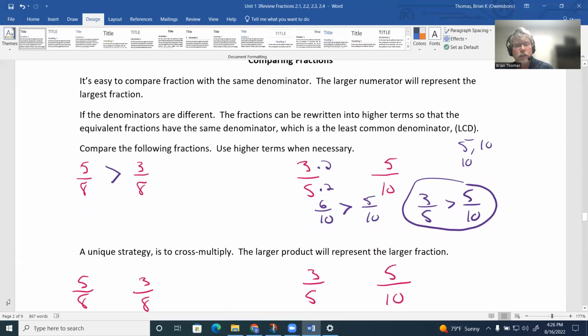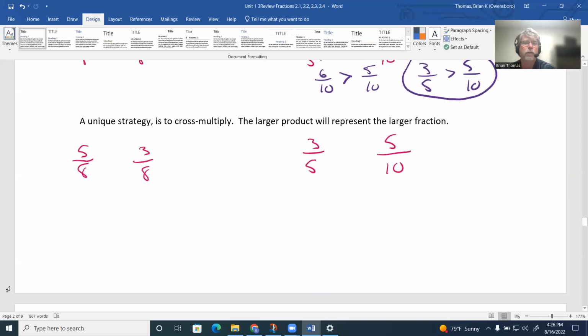There's a unique strategy that you're allowed to use, and that is what we call cross multiplying. If you multiply the denominator by the numerator diagonally, we call that cross multiplying. So 8 times 5 would be 40, and 8 times 3 would be 24. Notice that the bigger answer is going to be the bigger fraction. That tells us that 5/8 is greater than 3/8, and we already knew that from the previous example.